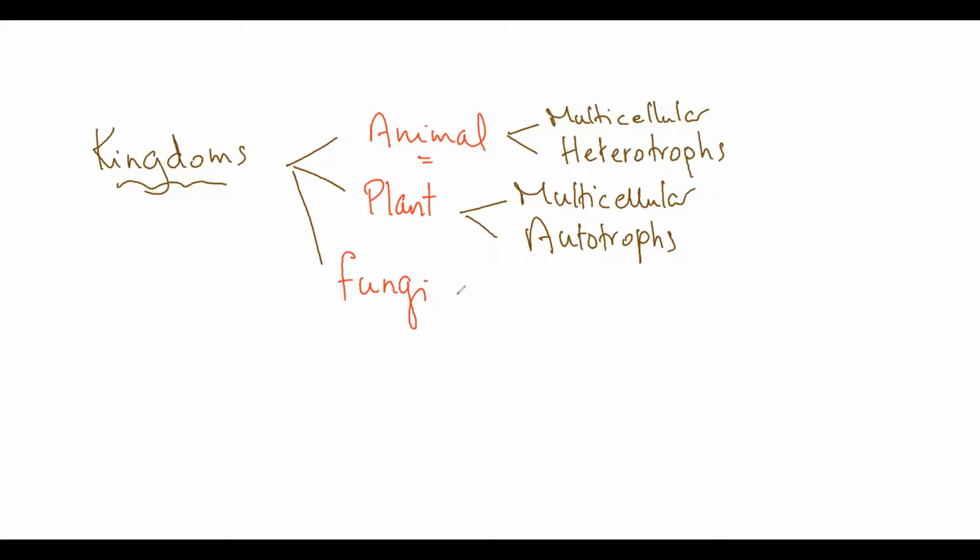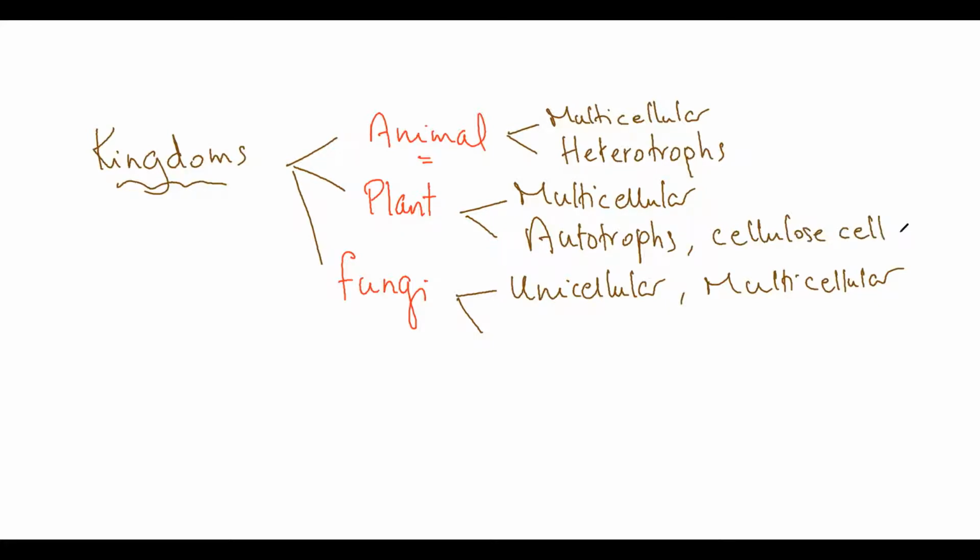Here we can find unicellular fungi, like the yeast, for example, but most of them are multicellular, like mushroom, bread mold, whatever. Fungi, they have a cell wall, but it's not made of cellulose. Here they have a cellulose cell wall in plants. But in fungi, no. The cell wall is made of another material which is called chitin.